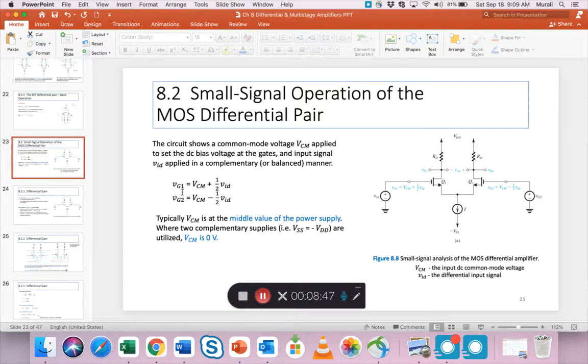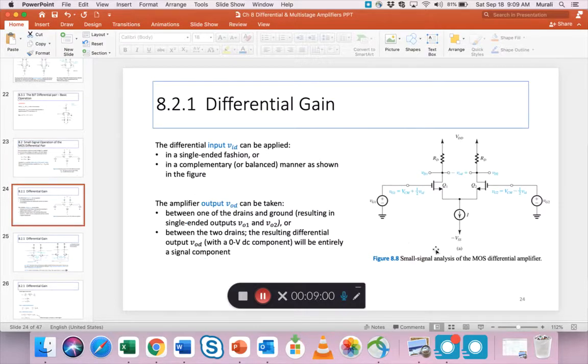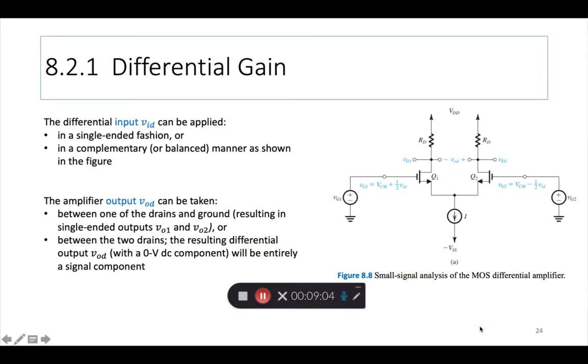And how the VG1 and VG2 are slightly different from each other based on the values of VID. Okay. All right. With these three things, I will move on. Actually, I should also magnify this, I think. That'll help you. So we are on slide 24.